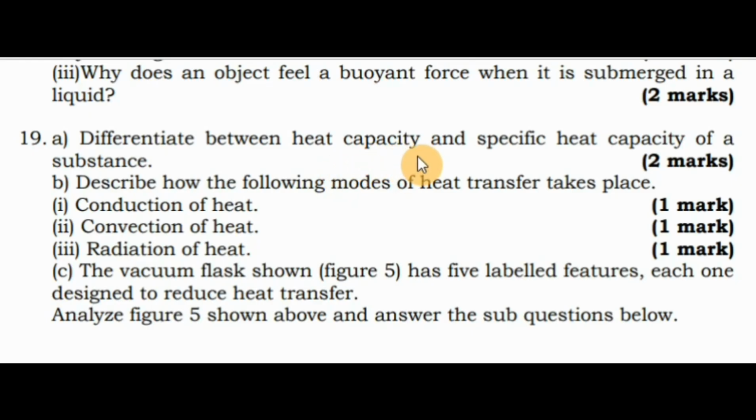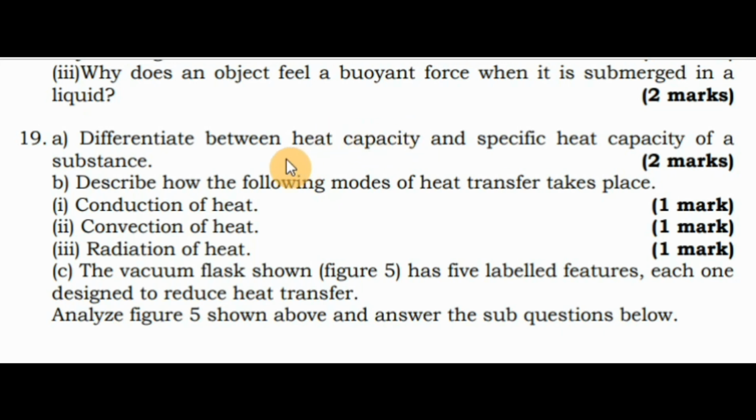Next, heat capacity and specific heat capacity of a substance. We have to give the difference. Heat capacity is the amount of heat needed to raise the temperature of a substance by 1 Kelvin.